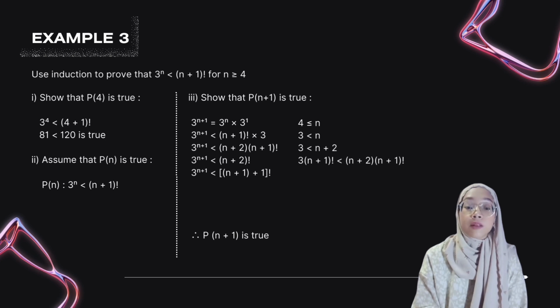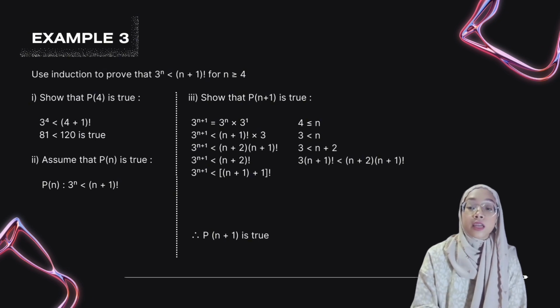So 3 power n plus 1 equals 3 power n multiply 3. 3 power n plus 1 less than n plus 1 factorial multiply 3. So take from the question 4 less than or equal to n, 3 less than n, 3 less than n plus 2, and then multiply with n plus 1 factorial.